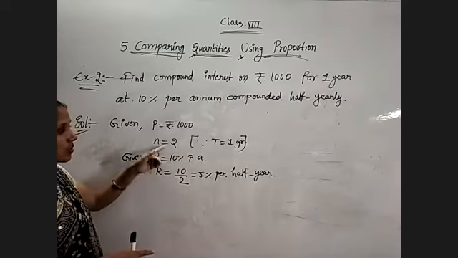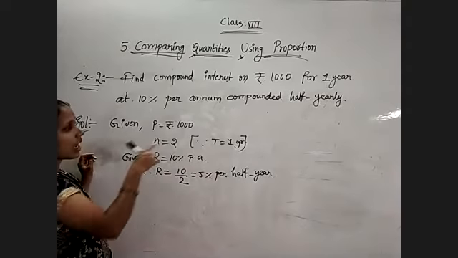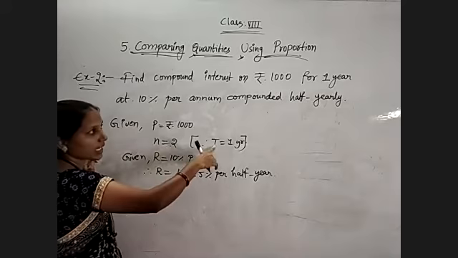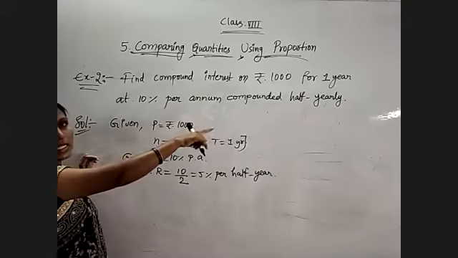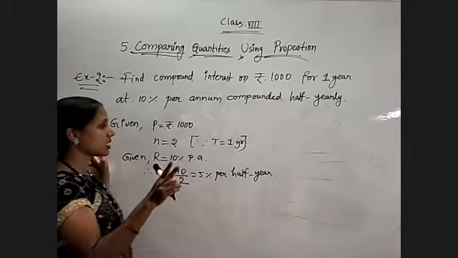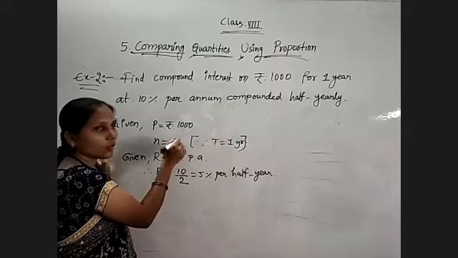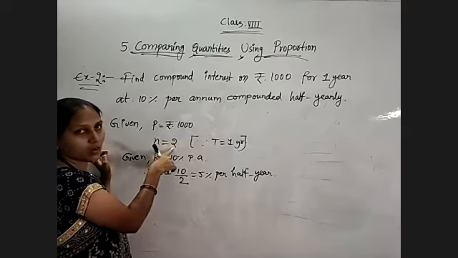Now by using these values, we calculate the interest. Just remember why I took n equal to 2: time period is 1 year, and interest is compounded half yearly. In a year we get 2 conversion periods. So 2 into 1 is 2 itself. Number of conversion periods is equal to 2.